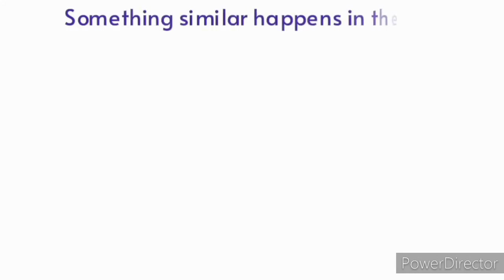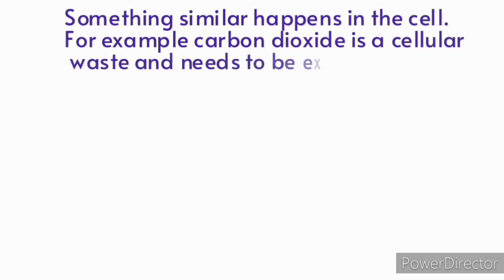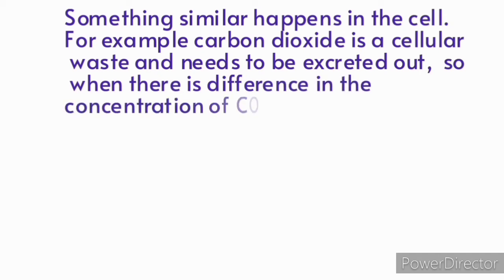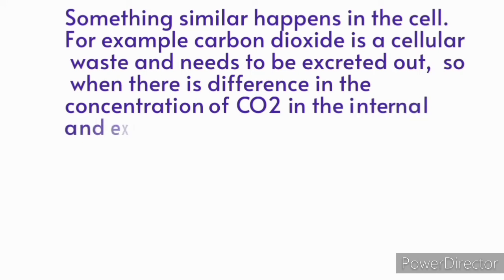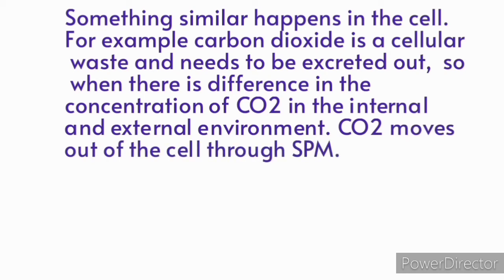Something similar happens in the cell. For example, carbon dioxide is a cellular waste and needs to be excreted out of the cell. So when there is a difference in the concentration in the internal and external environment, carbon dioxide moves out of the cell through the SPM, that is the selectively permeable membrane, through very fine and small pores.